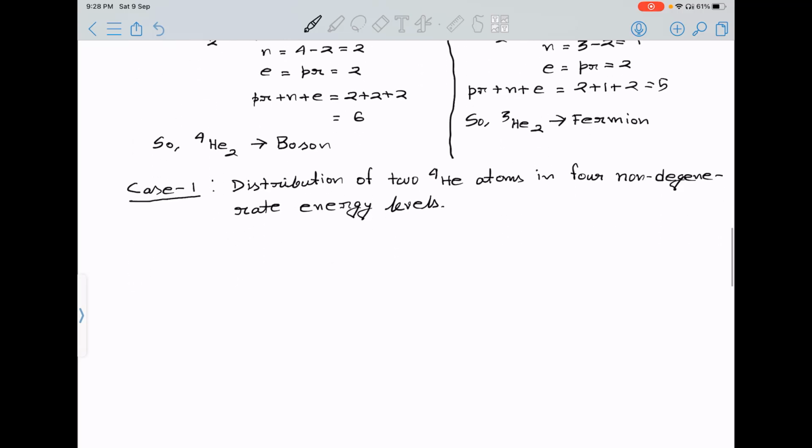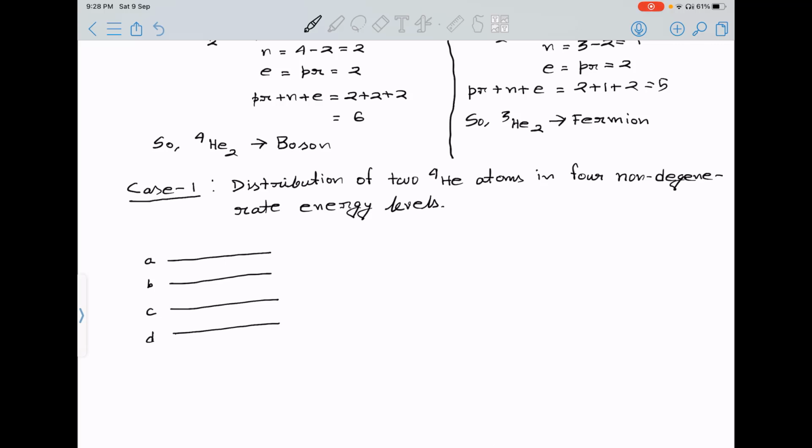Here we have 4 energy levels, let me call them small a, b, c, d.